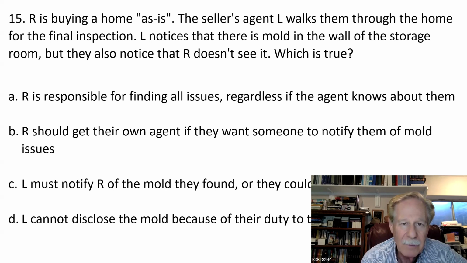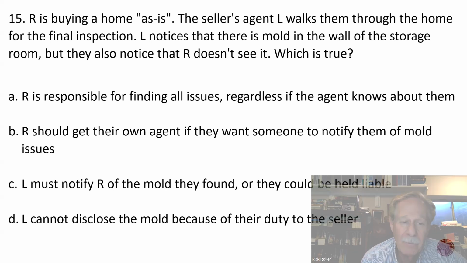Seller's agent is L. And so L's walking this buyer through. You notice they don't see it. R should get their own agent if they want someone to notify them of mold. No. Even if R didn't notice the mold, the agent L needs to let R know.